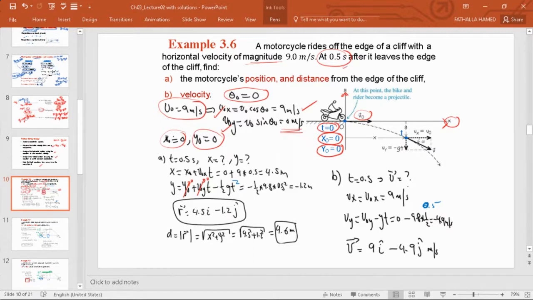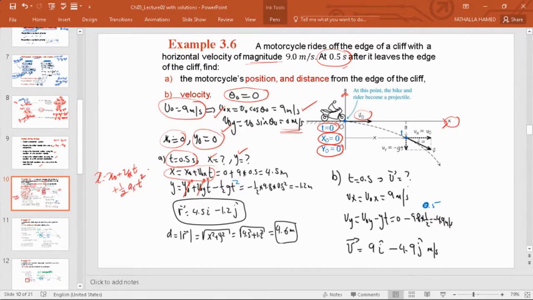Now they tell me here after 0.5 seconds, so after t is equal to 0.5 seconds, what is my x? What is my y? Your x, remember, you said that x is equal to x0 plus v0x t plus 1/2 ax t squared.